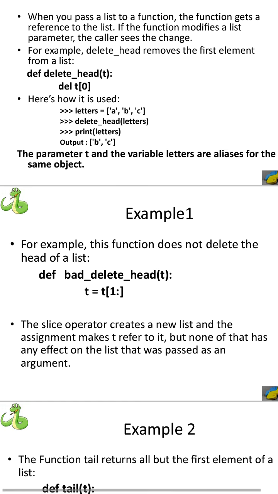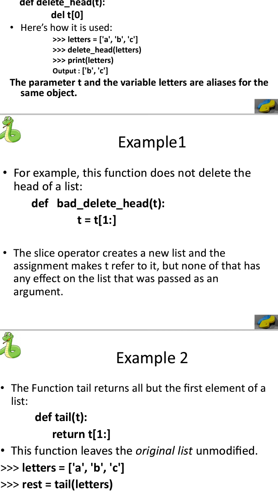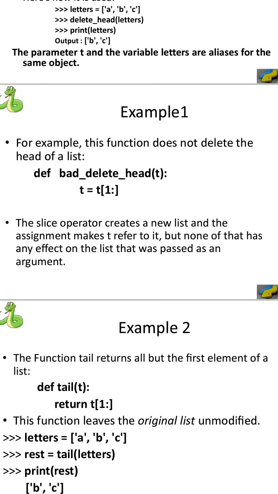Hence, if you see the user defined function bad_delete_head of t, when I say t equal to t of 1 colon, as I have stated, the slice operator extracts elements from the specified index of the original list, creates a new list and copies the extracted elements to it. Hence, this is not the right way of implementation, because we simply assigned the extracted values to t, but we have not modified our original list.